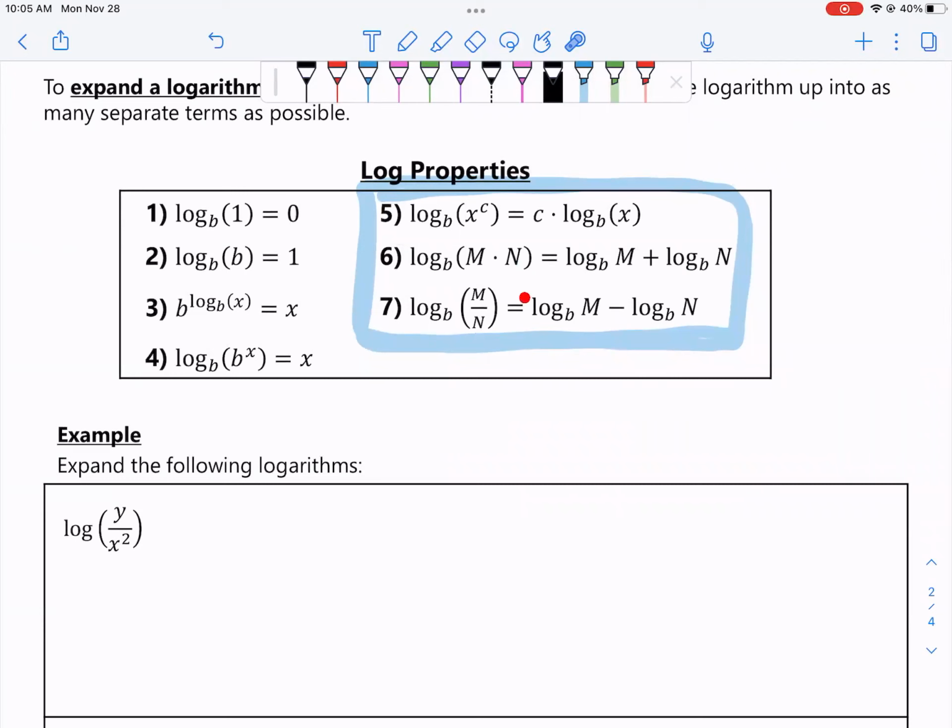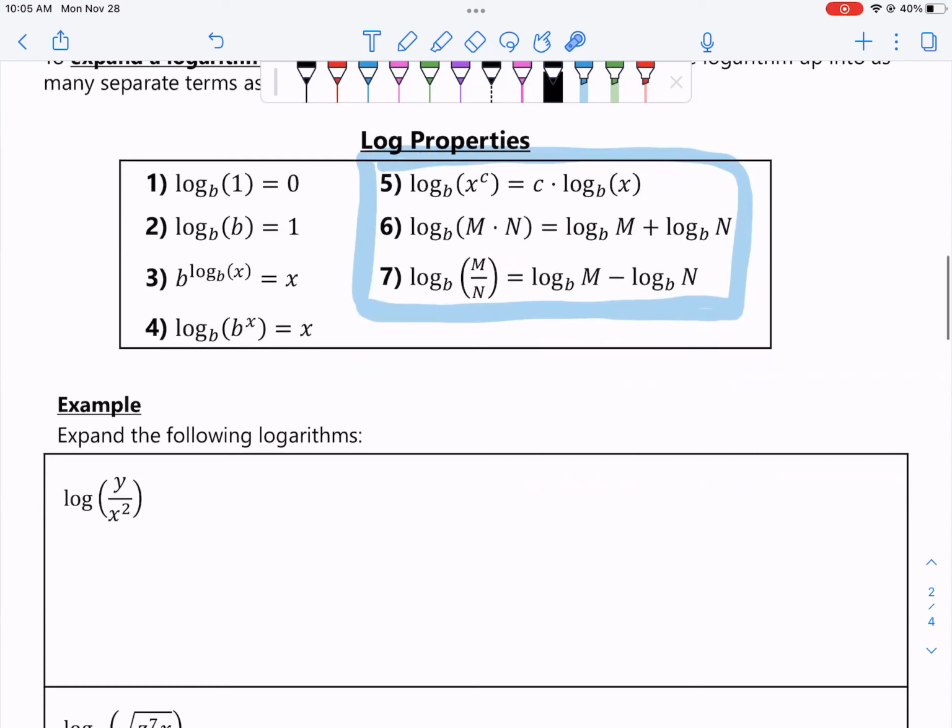I want you to remember multiplication on the inside turns into addition on the outside, division on the inside turns into subtraction on the outside, and that exponents on the inside can come down in front. That's what's important here.